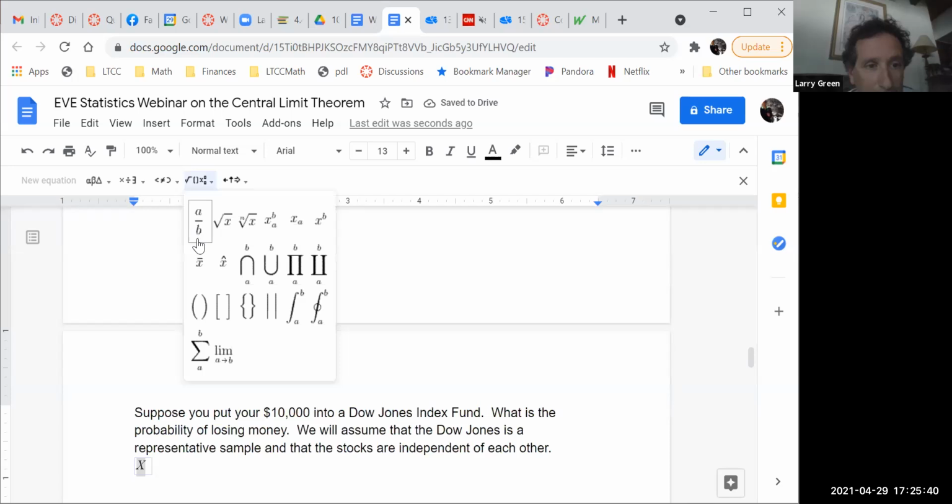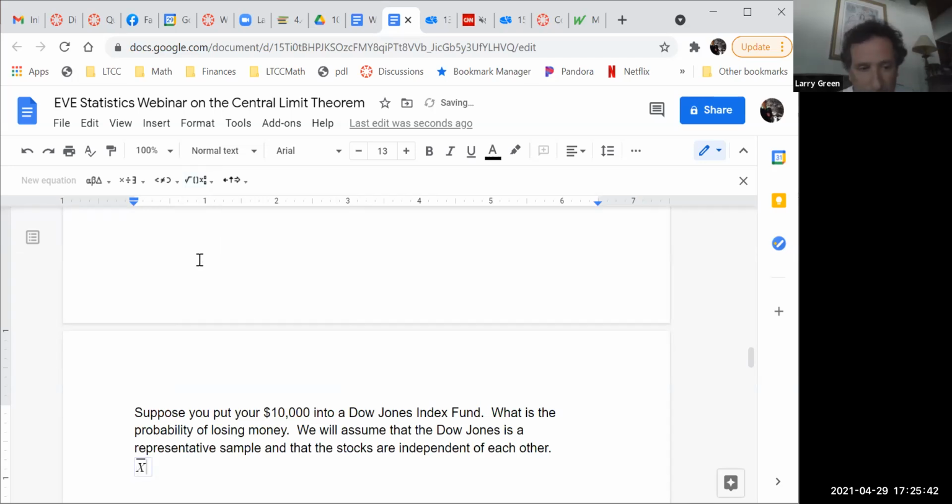So I'll put a bar on it, and then I can go tilde N. And by the way, even without the assumption, 30 isn't really over 30, but it's close enough that you're probably pretty good. It's not perfect though. But if we assume the original is normal, there's no problem.